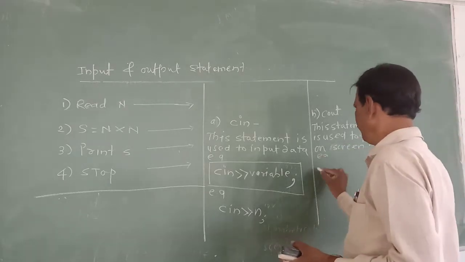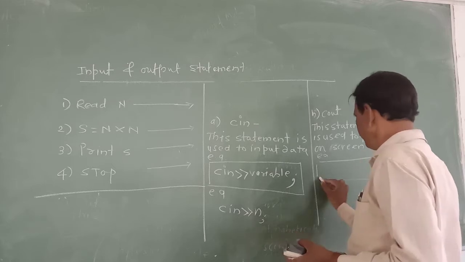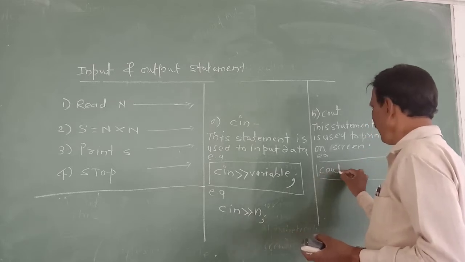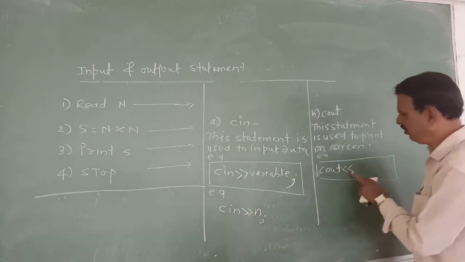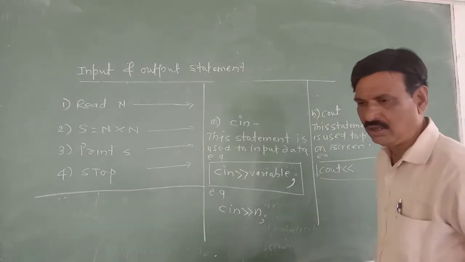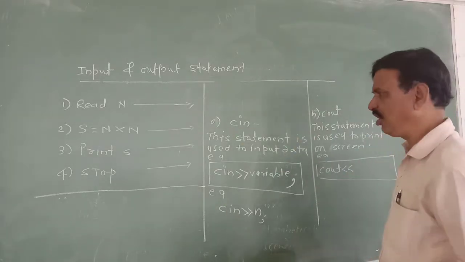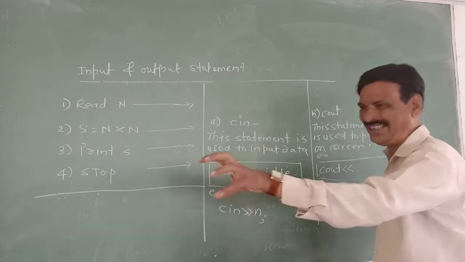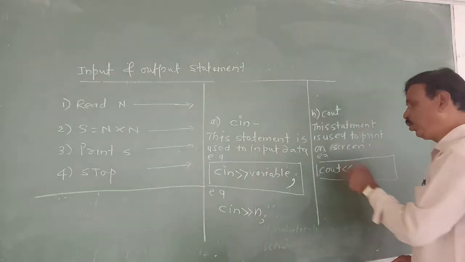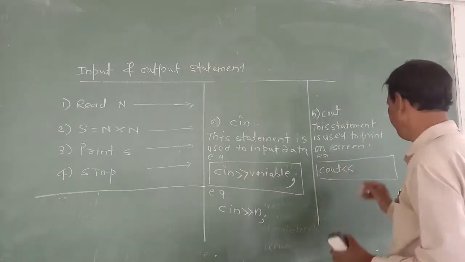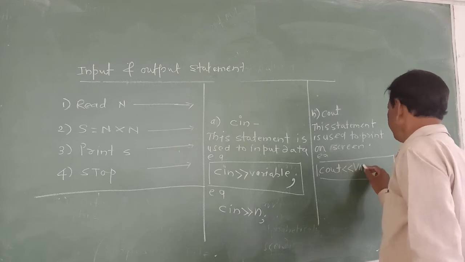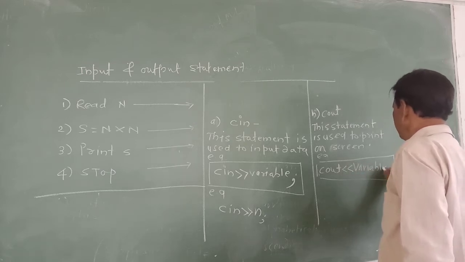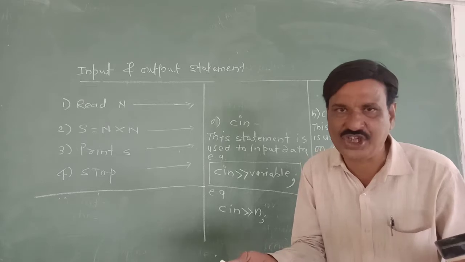Example: Cout smaller than, that is called insert. This is called extract. Insert into console out, that is the monitor. So here there will be a variable or a message.